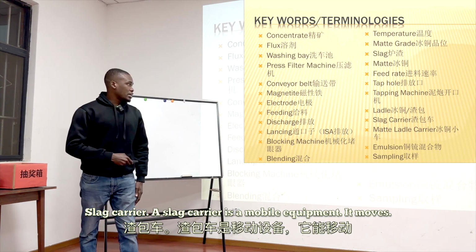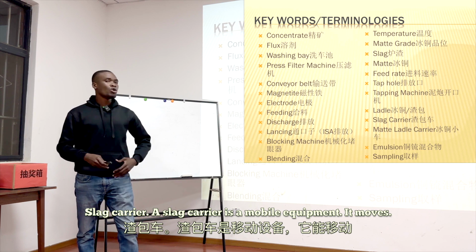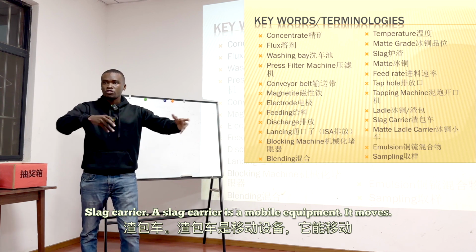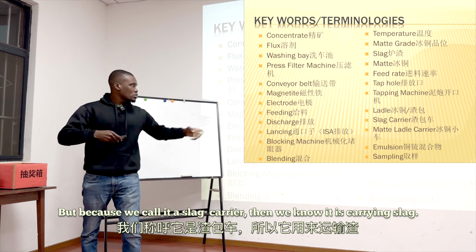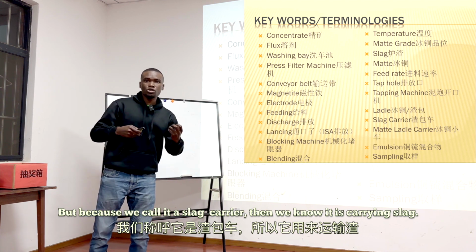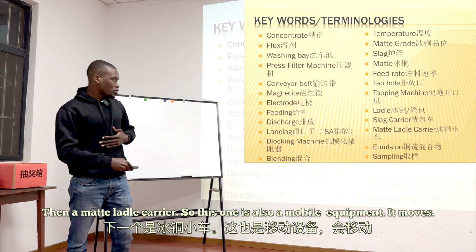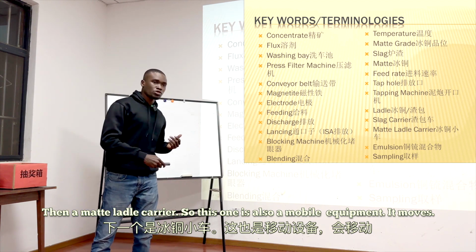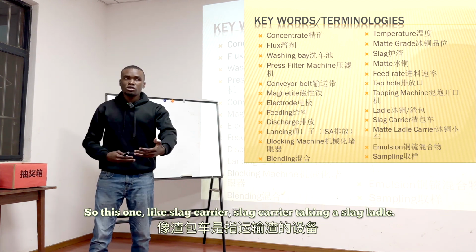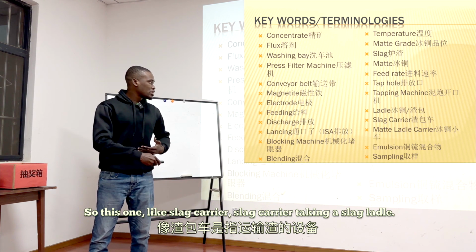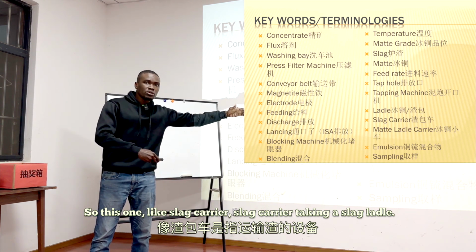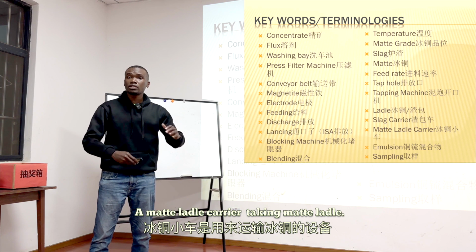Slag carrier. A slag carrier is a mobile equipment. It moves, but because we're calling it a slag carrier, we know it is carrying slag. Then a matte ladle carrier. This one is also a mobile equipment. It moves. Like a slag carrier taking a slag ladle, a matte ladle carrier takes a matte ladle.